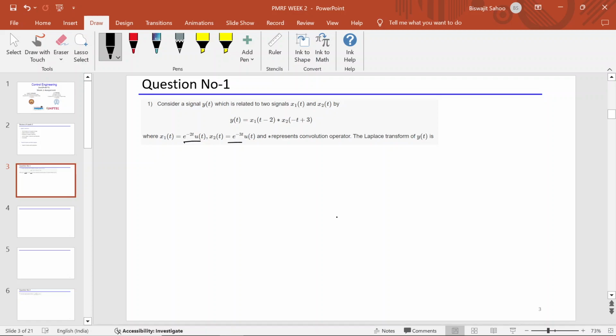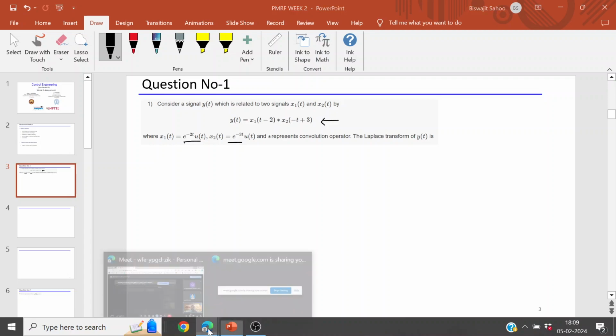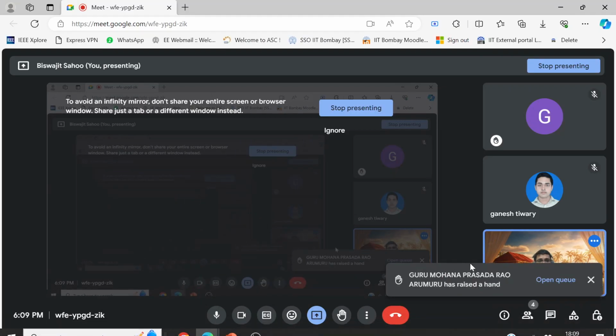One output is defined in terms of these inputs. The star mark represents the convolution operator. Then what is the Laplace transformation of y(t)?